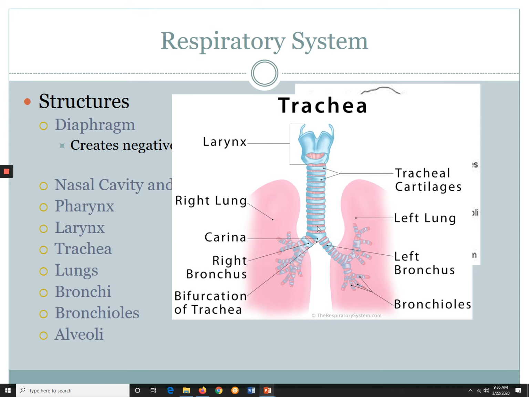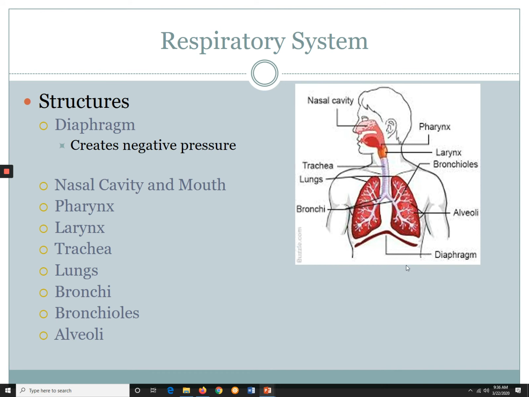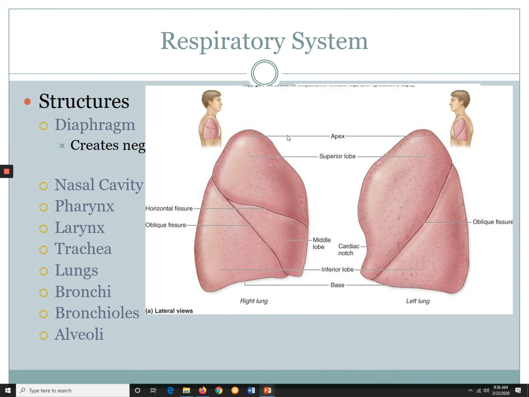And so we have the bronchi, which are the first branches. Then we branch off into what we call the bronchioles, which are the next smaller area for air to go to. These both flow into the lungs. So we go trachea, bronchi go into the lungs, and the bronchioles are the next smaller ones.